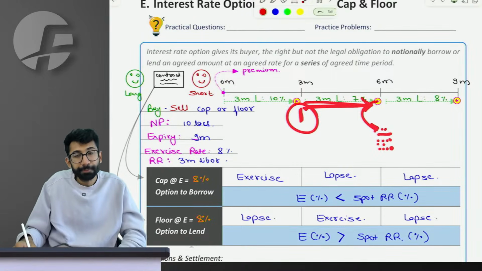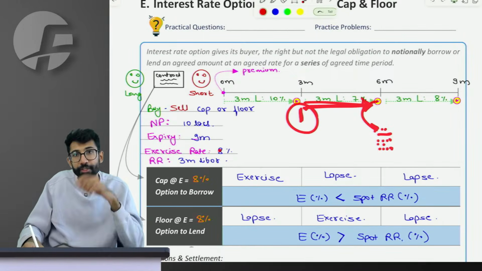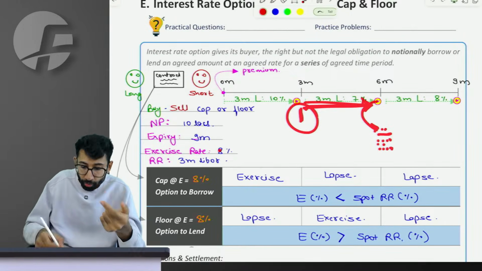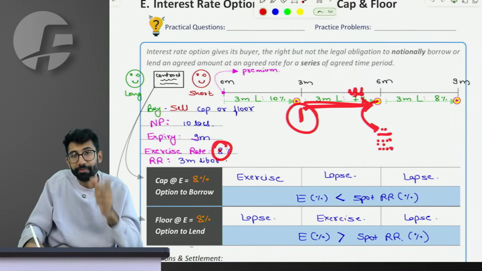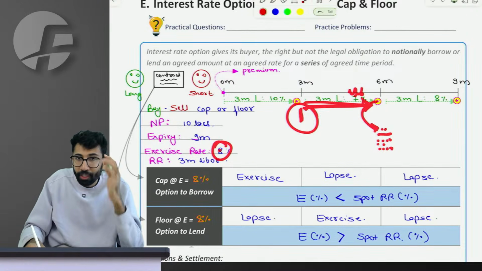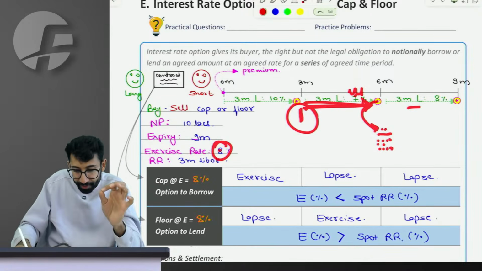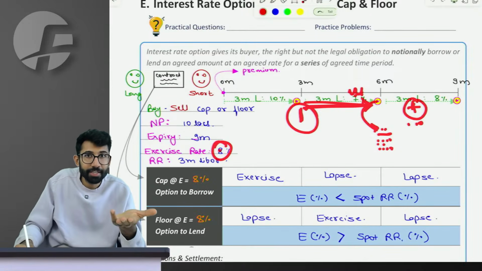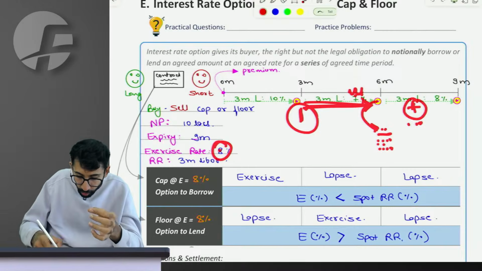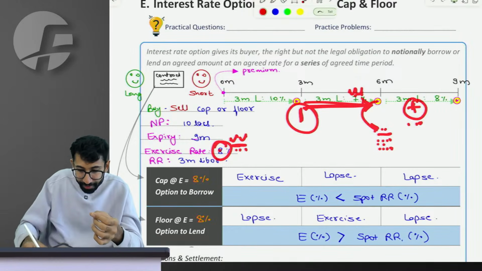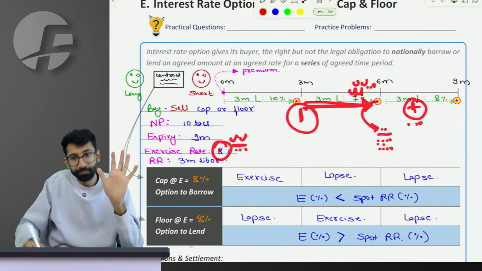Sir, what is the settlement amount? Settlement amount is really simple. You have a contract, an option to borrow at 8. Rate in the market is 7. What do you feel? Gain of 1%. Don't remember the formula of what minus what. Do anything. If it is a gain, which you will exercise only when it is a gain, so do exercise rate minus reference rate here.